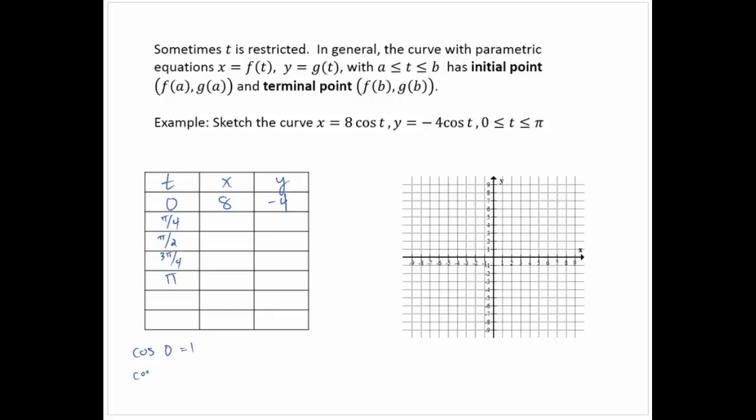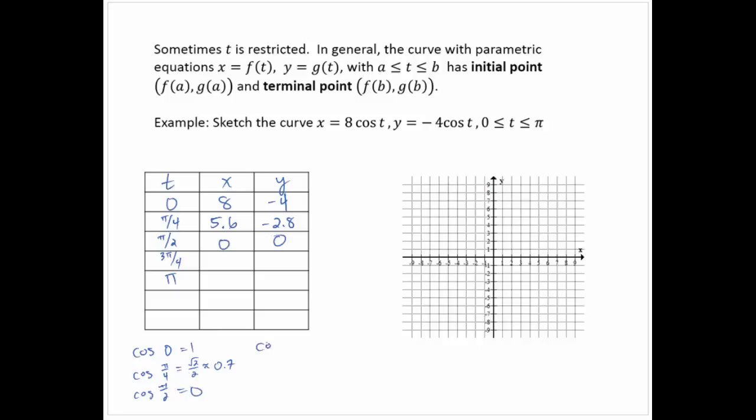The cosine of pi over 4 is root 2 over 2, which is about 0.7. So 8 times 0.7 would be about 5.6, and negative 4 times 0.7 would be approximately negative 2.8. Now, pi over 2. The cosine of pi over 2 is 0, so this would be 0 and 0.